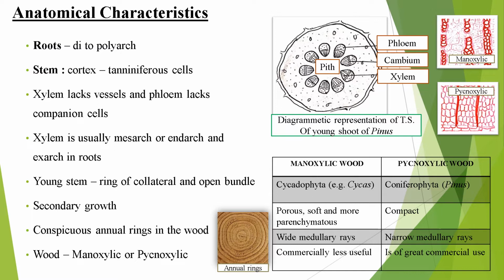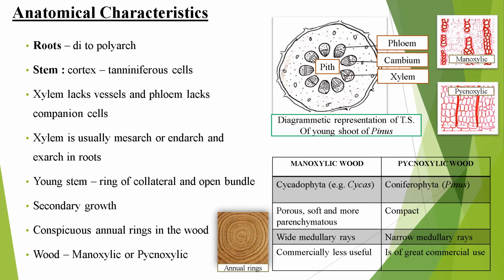Cambium is a meristematic cells that divides to form secondary xylem and phloem, showing secondary growth and wood formation, and this growth is represented through annual ring. Here is the picture of annual ring. It shows the amount of wood produced during one growing season.